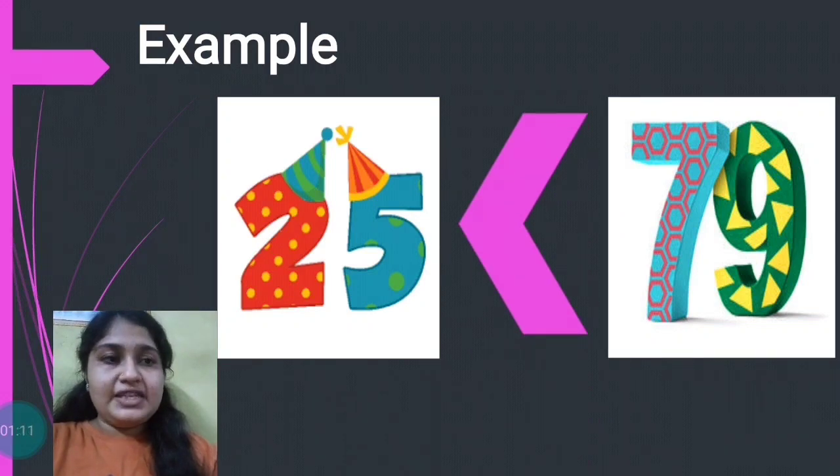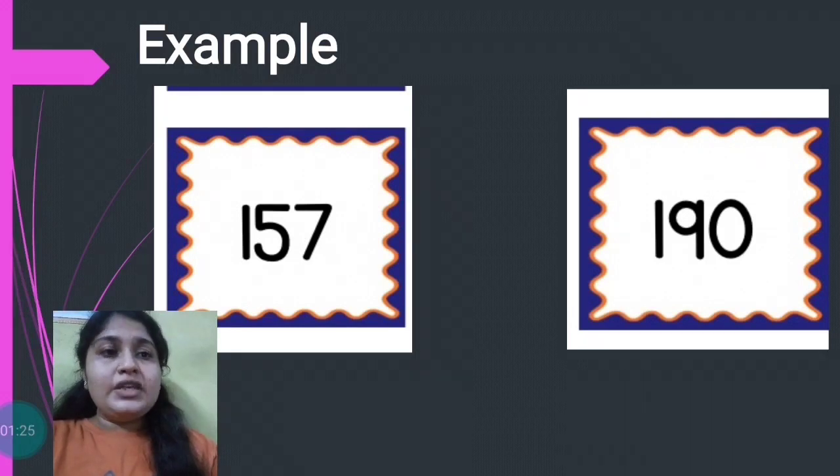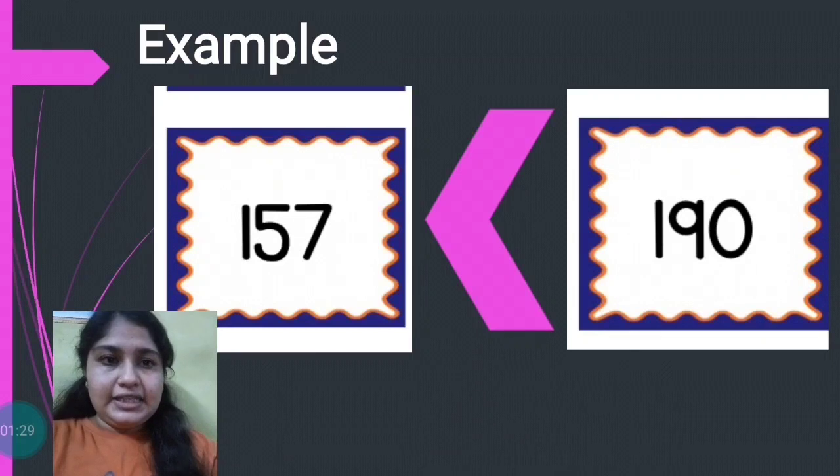So 25 is less than 79. Now 157 and 190. Let's compare 157 to 190. Here students, 157 is less than 190, or else you can say 190 157 से बड़ा है.